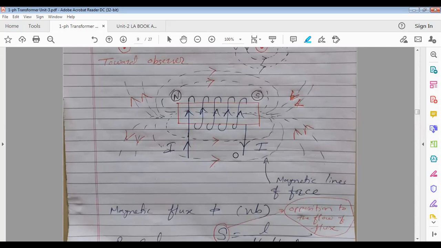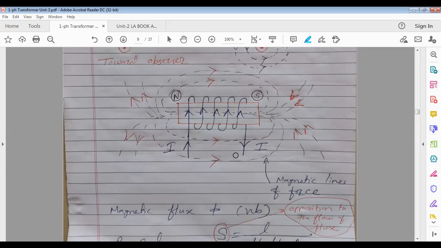So here the case is reversed now. Here also you are passing current through the conductor, so it produces a magnetic field around it. Here also you have to apply the right hand thumb rule. But now you wrap the fingers of your right hand in the direction of current, the same direction the coil is wound. So what will you find, is the thumb pointing toward right or toward left?